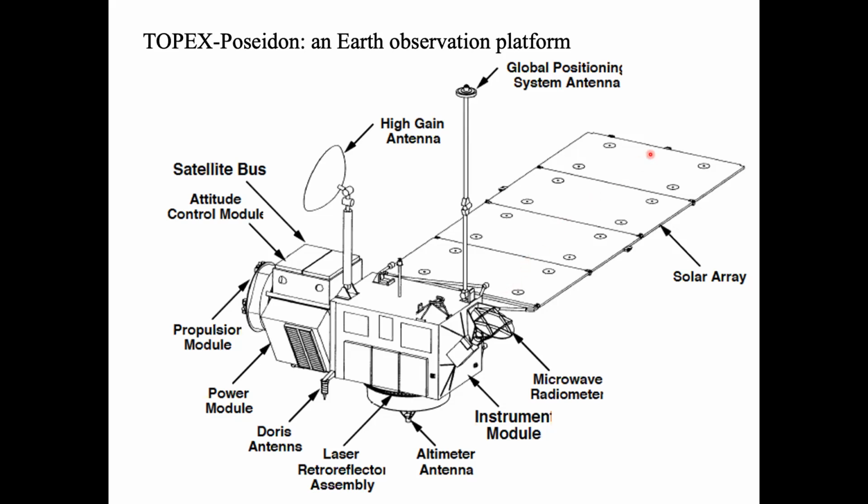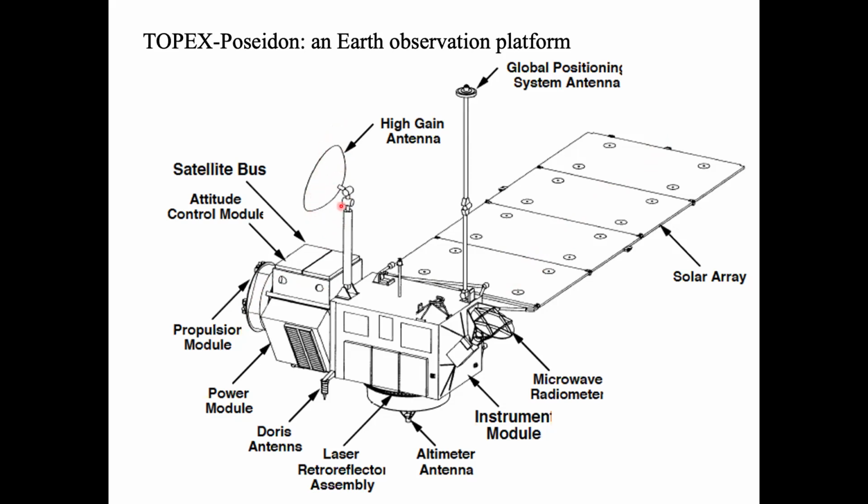And the power is provided by a solar array, which is put here. We have also a propulsion module because we need sometimes to do correction maneuvers. And this is hosted here. Finally, we have a high gain antenna.